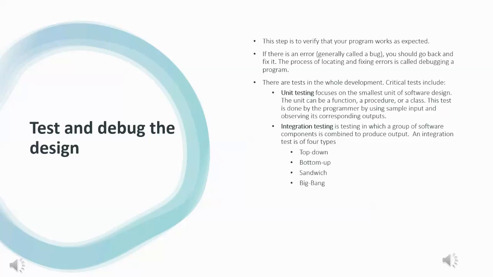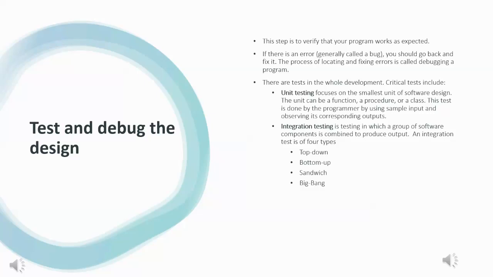And integration testing is of four types: top-down, bottom-up, sandwich, and big bang. Top-down, bottom-up, and sandwich testing are all incremental integration testing approaches, which test each module individually in the unit testing phase.